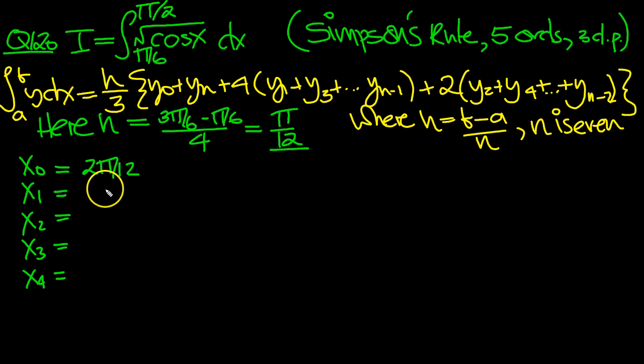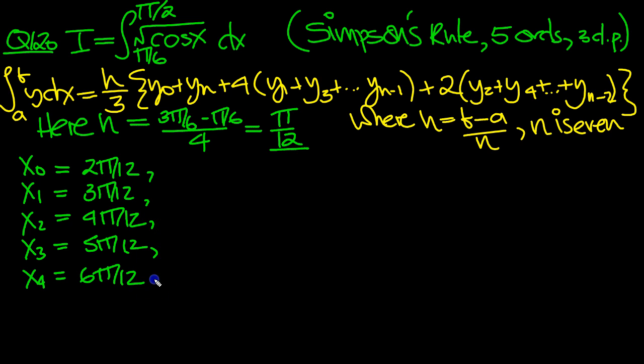Increment by this interval distance then, so 3 pi over 12, and so on, right up to the last value, pi over 2, which will be 6 pi over 12, the equivalent in 12ths. So get the y's then, so y naught. Get these ordinates.